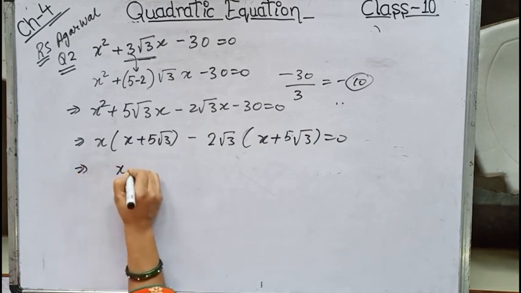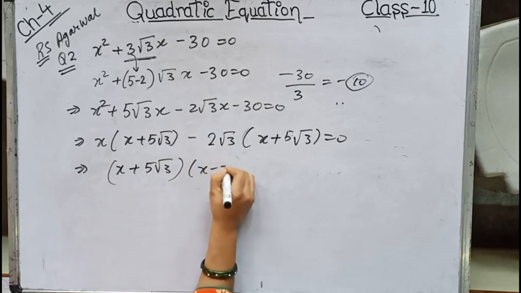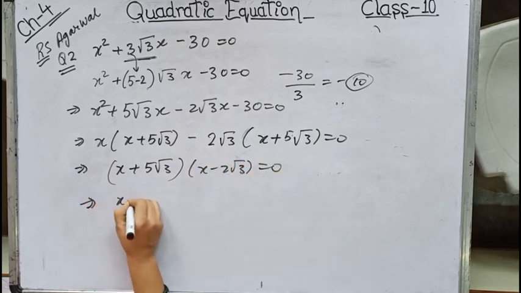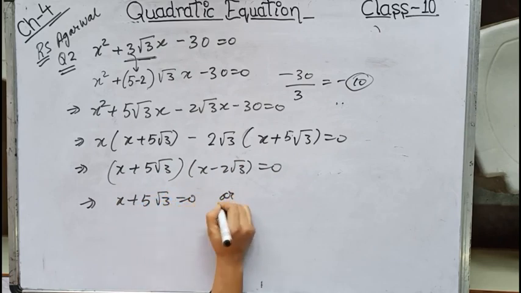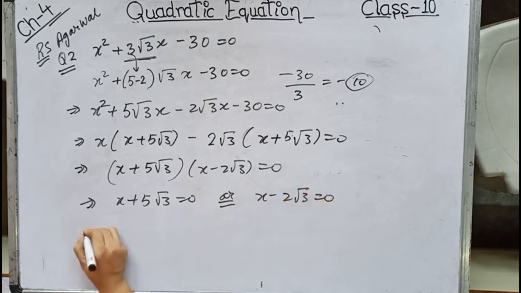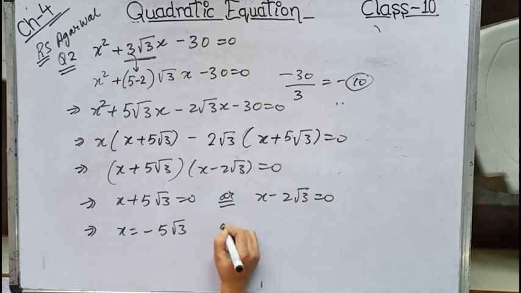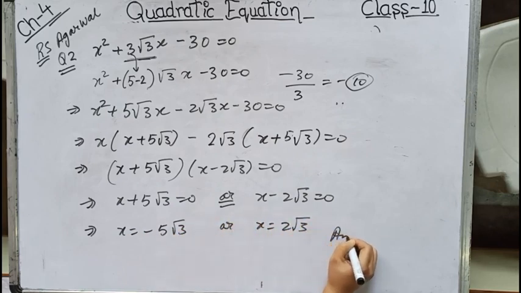This implies x plus 5 root 3 and x minus 2 root 3 equals 0. This implies x plus 5 root 3 equals 0, or x minus 2 root 3 equals 0. This implies x equals minus 5 root 3, or x equals 2 root 3, and this is the answer.